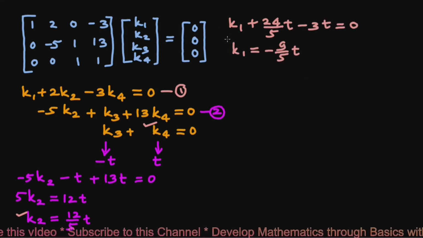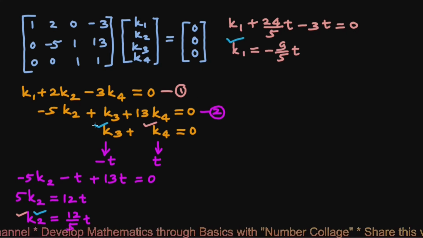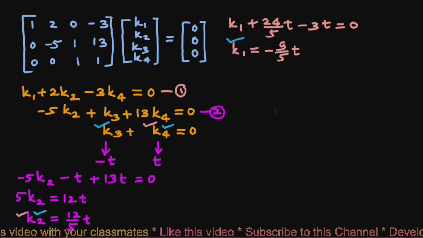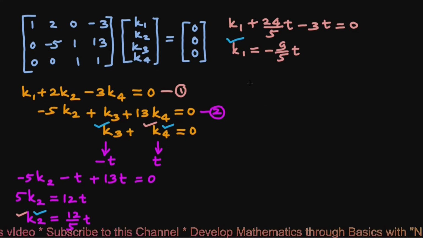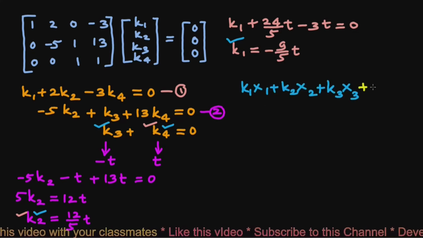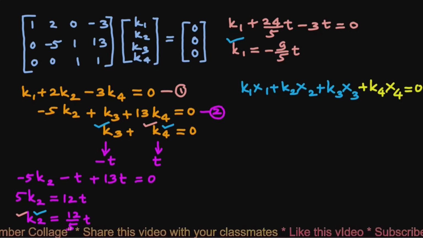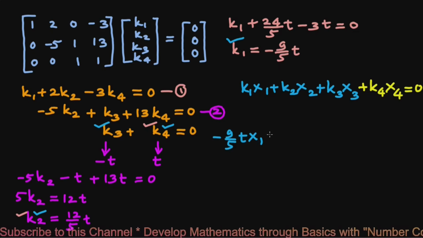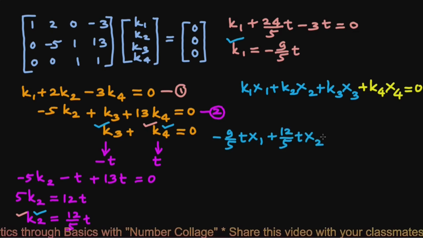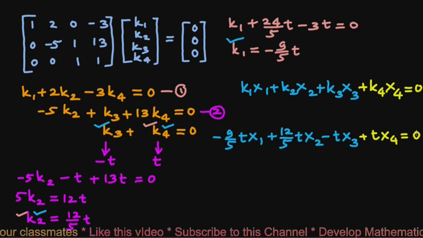Now we will substitute the values of k1, k2, k3 and k4 in the equation that we have considered, k1x1 plus k2x2 plus k3x3 plus k4x4 equals 0, which gives us minus 9 by 5 t x1 plus 12 by 5 t x2 minus t x3 plus t x4 equals 0.